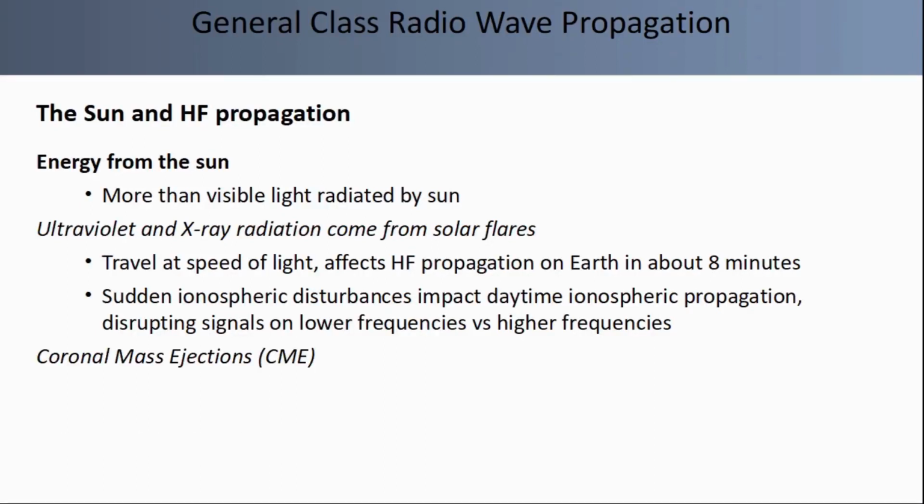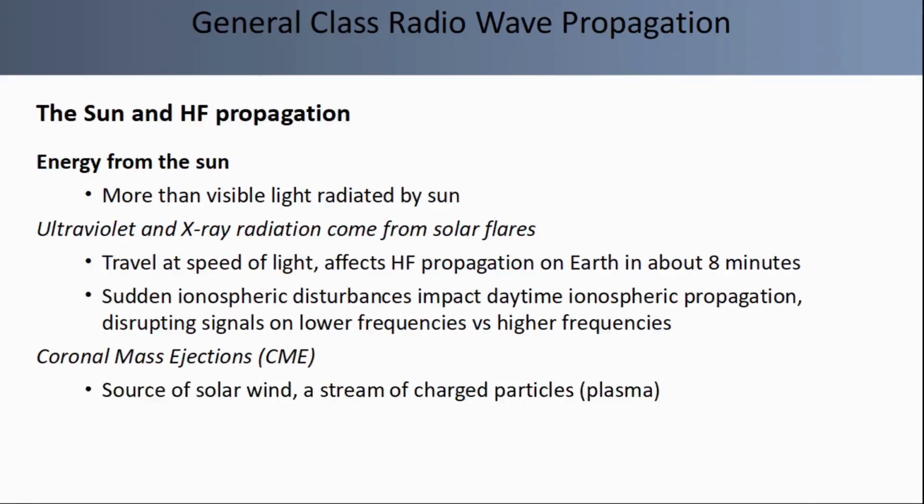Okay, let's talk about another form of energy that's quite different. And it's fun, and I'll get into this in just a little bit, but coronal mass ejections. The sun has a very violent surface at times, and there are coronal mass ejections, or CMEs.